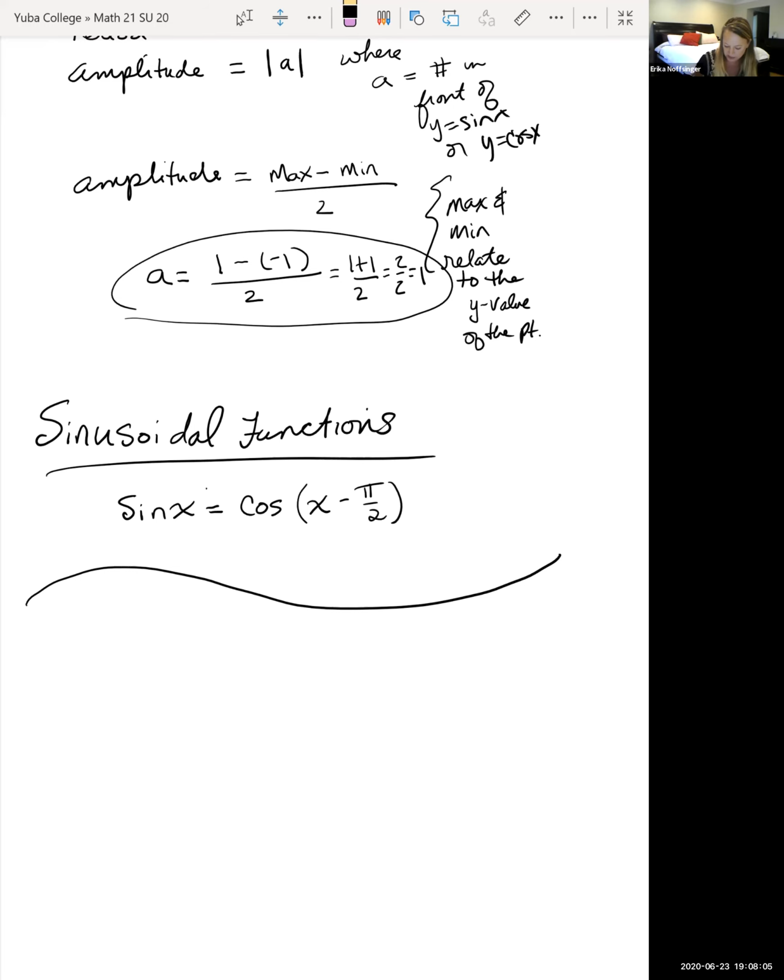So let's say you wanted to graph y equals -2 sine of x.